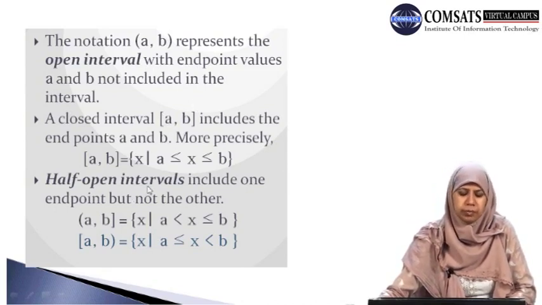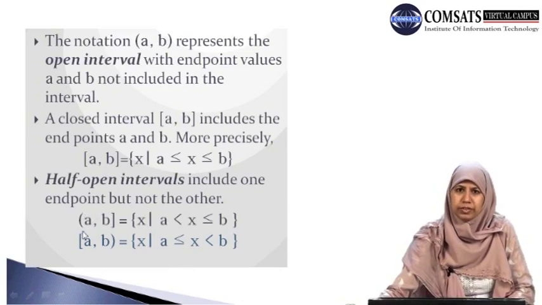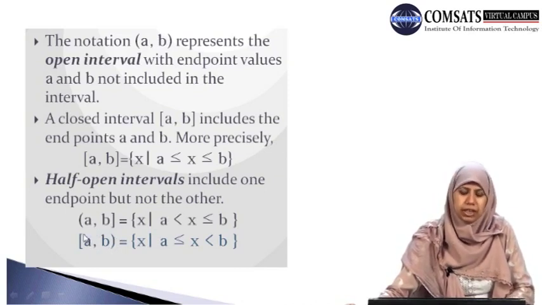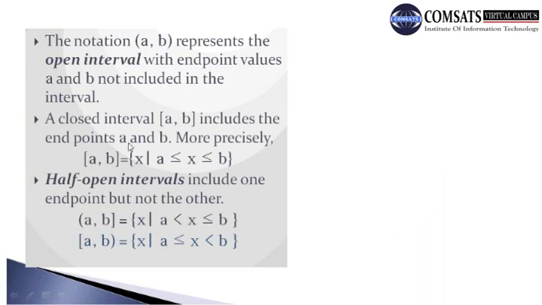Half open interval: if it is open from the left side, round bracket on the left side, and closed from the right side, square bracket on the right side. The other half open interval is open from the right side, so a round bracket on the right side, and closed from the left side, meaning a square bracket on the left side.